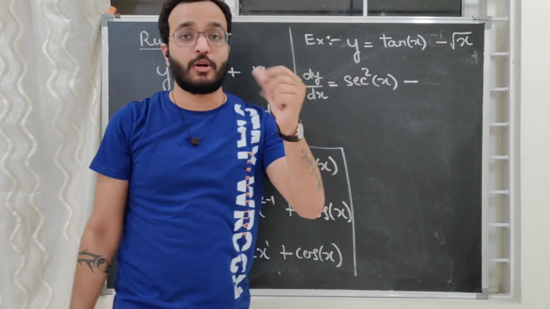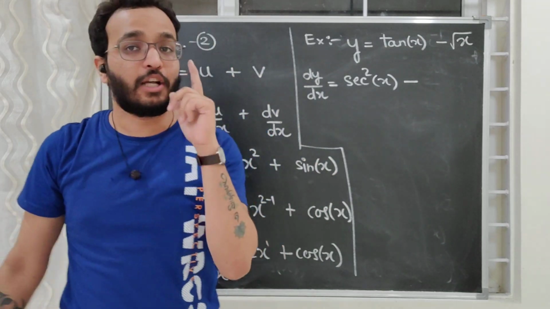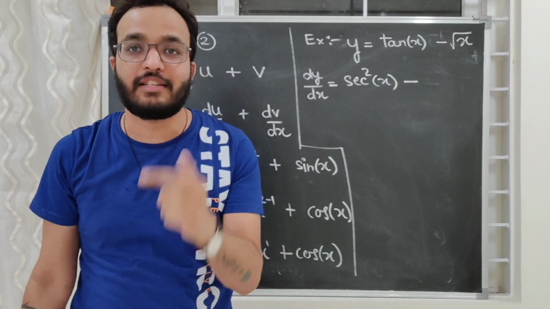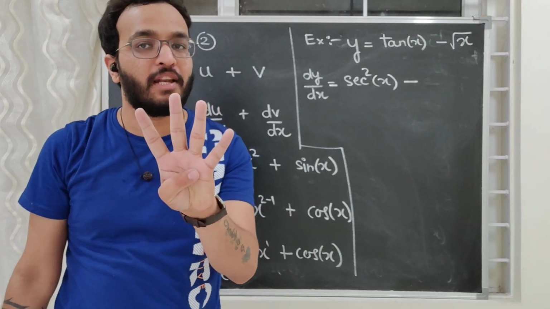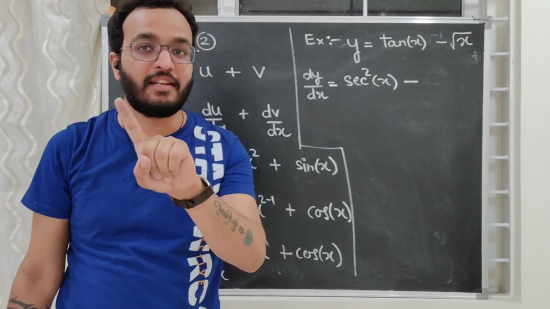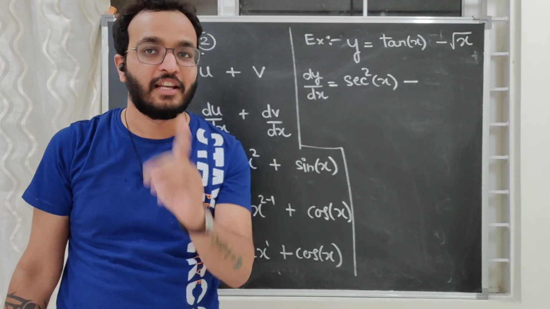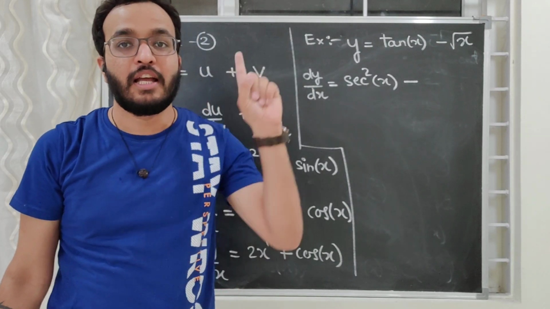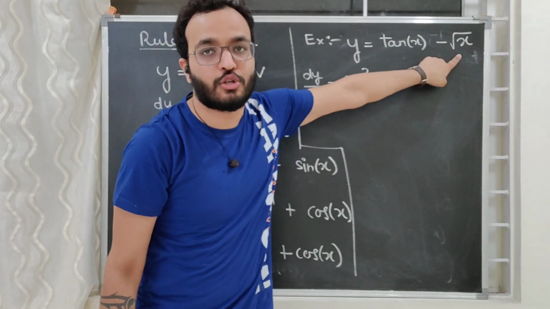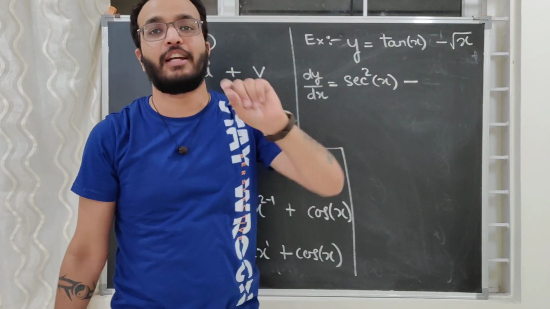Now root x, come on. Remember, I told you that the derivative of root x is 1 by 2 root x. The 4 important formulae in the beginning, you remember? x to the power n, root x, 1 by x and e to the power x. Those 4 formulae. The second one, what was the second one? The derivative of root x is what? 1 by 2 root x.